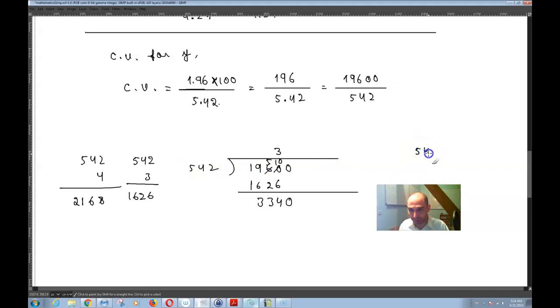So 542 times 6 is equal to 3252. So 6 times would be 3252. Now, make this a 2, a 13, and a 10. So that's an 8.